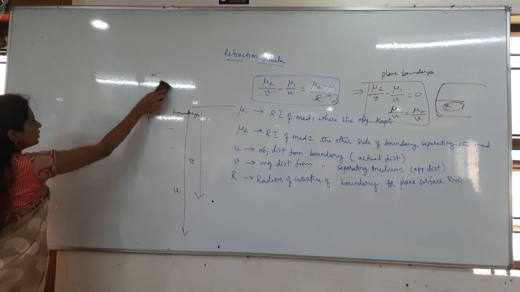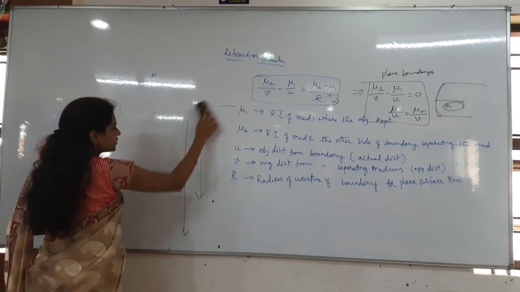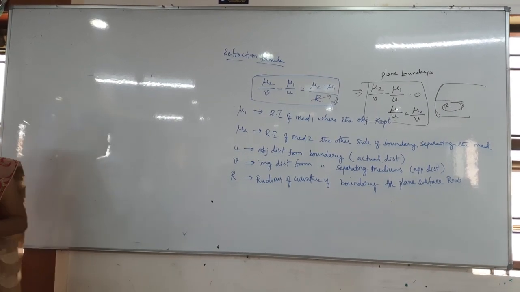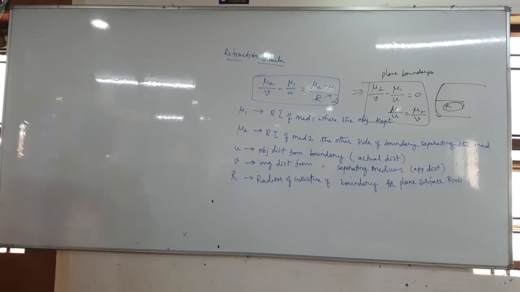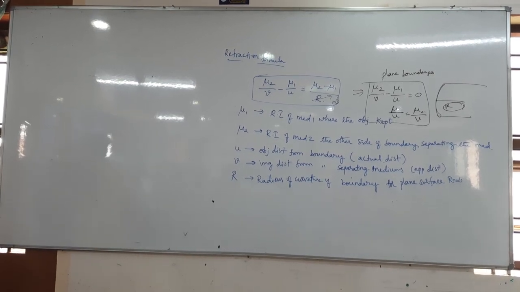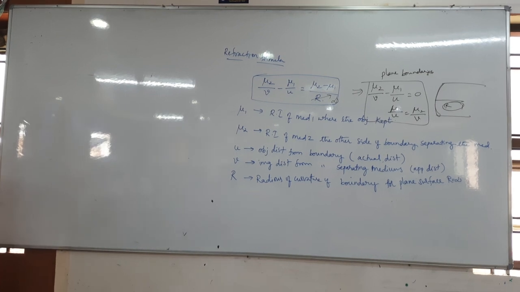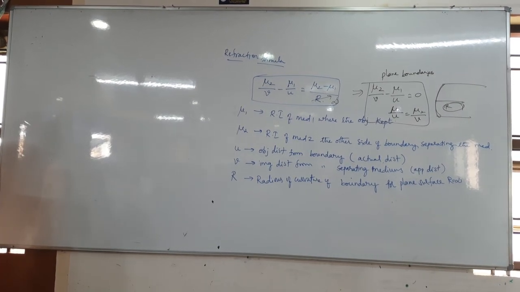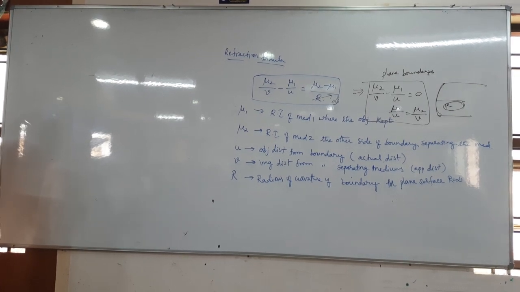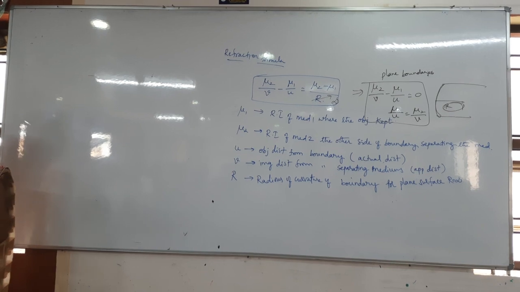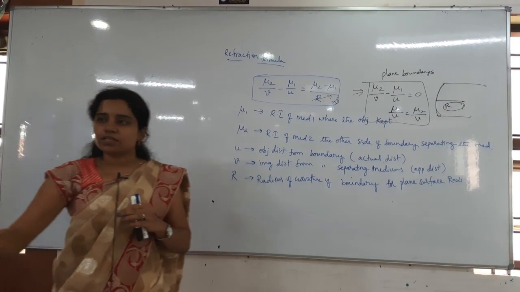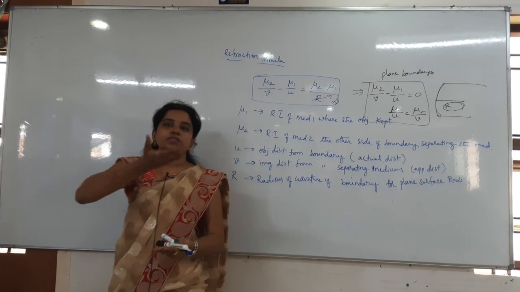This is everything about the basic introduction of refraction. Now we will see the refraction through the plane surfaces. Next we will see the refraction through the curved surfaces. In the plane surfaces, I already said what the apparent shift will be whenever the object is placed in the denser medium, and what it will be whenever the object is kept in the rarer medium. In the denser medium, its depth decreases. It is deep inside, but it appears near the top.